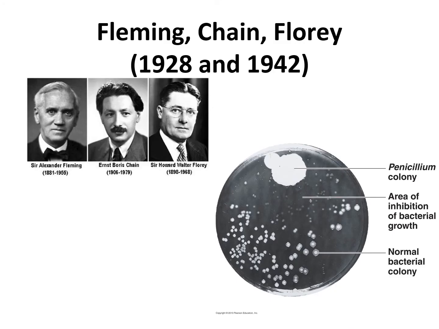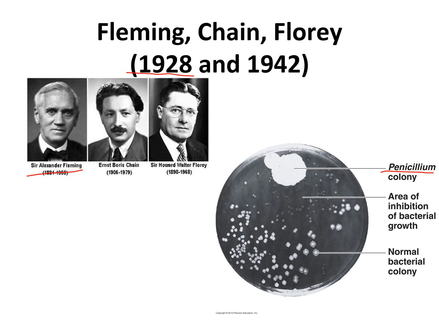After the golden age of microbiology, there are three important scientists, Fleming, Chain, and Florey. Fleming was a Scottish bacteriologist, and in 1928 he discovered a fungus called Penicillium, which secreted a substance that killed bacteria.